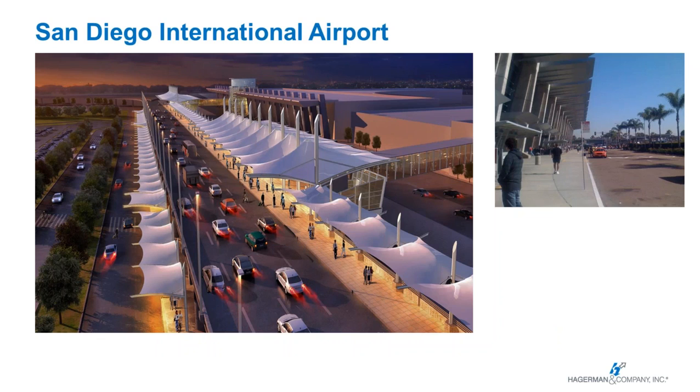San Diego International Airport Terminal is an open front terminal, and the mandate here, before this was actually allowed to be built, but during the architectural stages, was that they had to do some studies to show that the predominant airflow was going to carry away the emissions from vehicles.